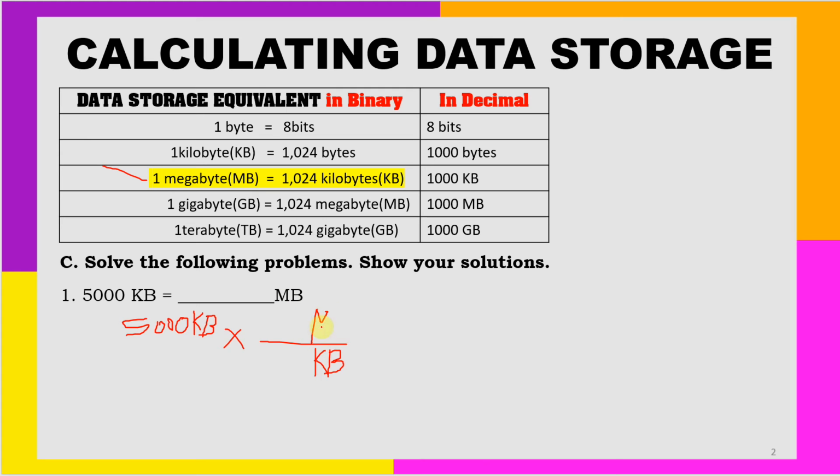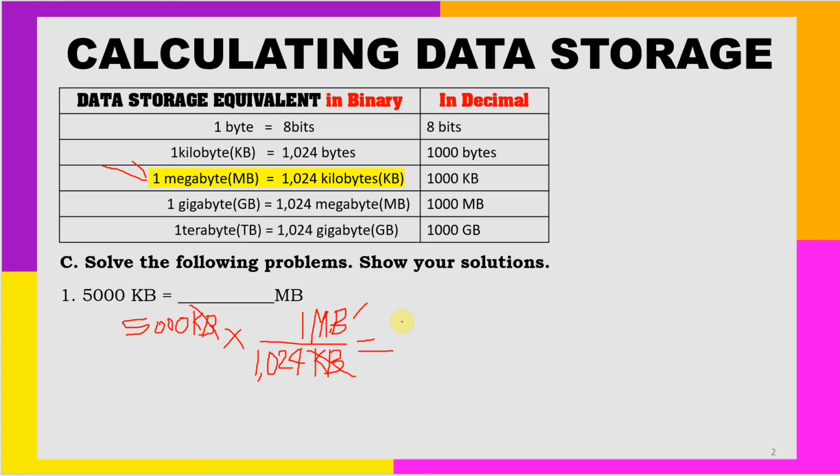Okay, so look at the equivalent here, the megabytes. Here the equivalent is 1 megabyte equal to 1,024 kilobytes. So do not be confused about which equivalent you're going to multiply. You just make sure the unit given is also written here at the denominator, so that you can cancel it, and you get the unknown, which is the megabytes.